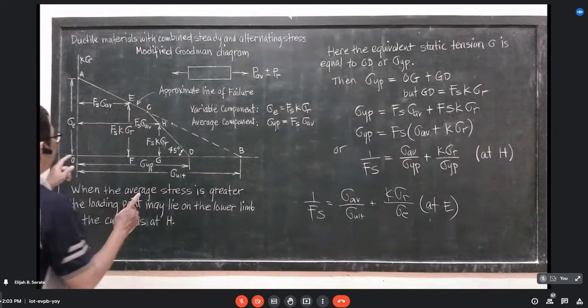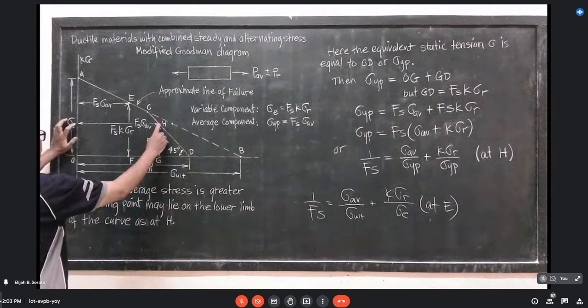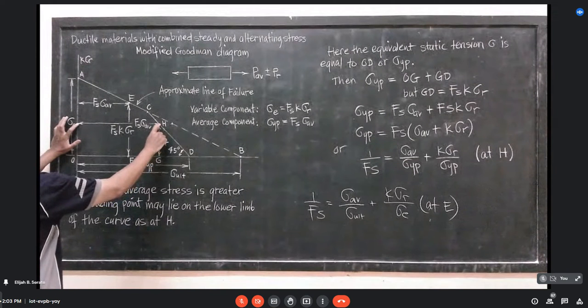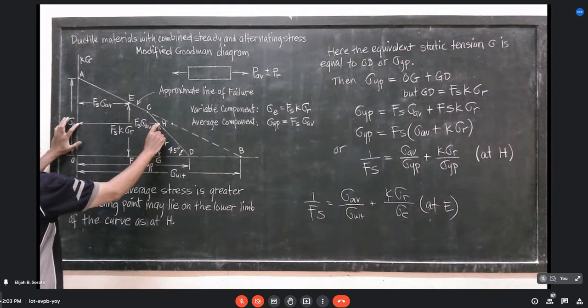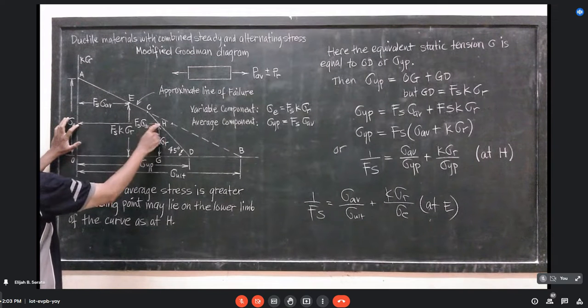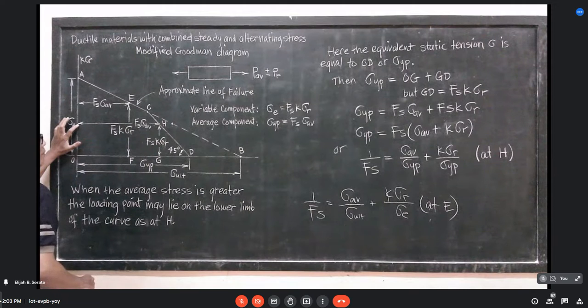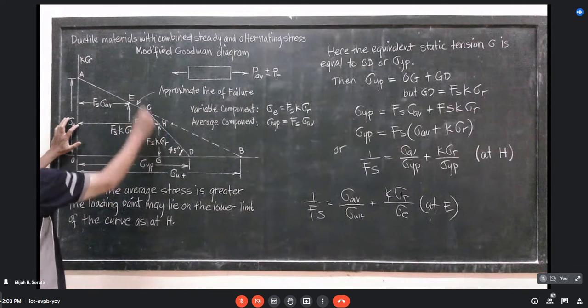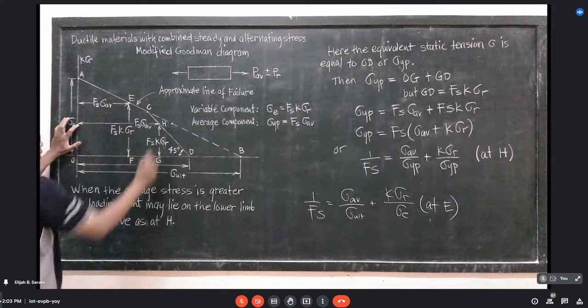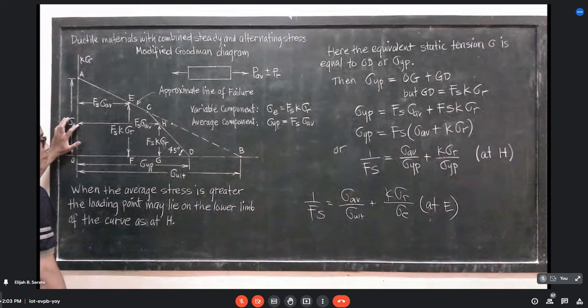If it is at H, that is the factor of safety average. Okay? Any question? None. From here to here, that is your factor of safety average, when it is on this line, which is at H. Nasabtan?